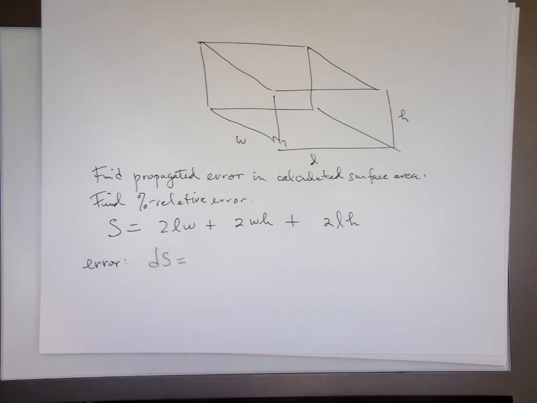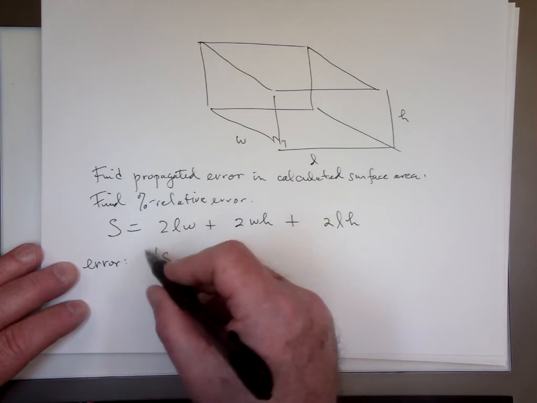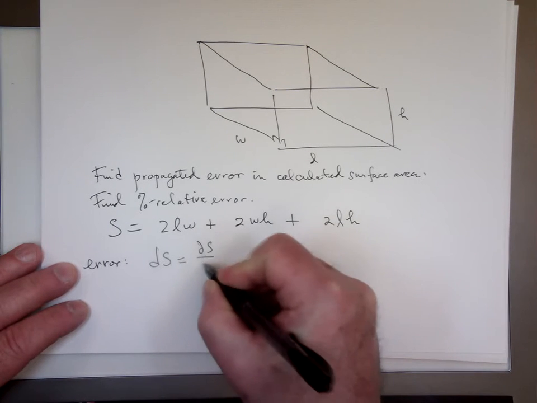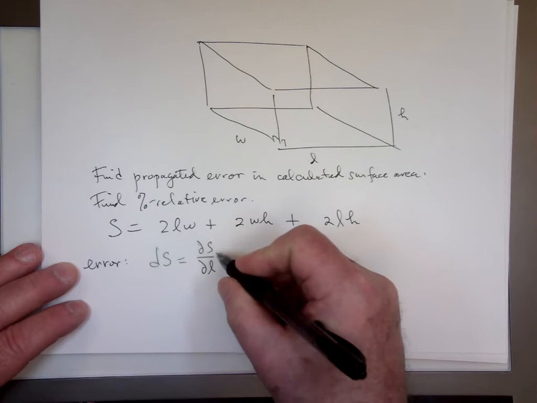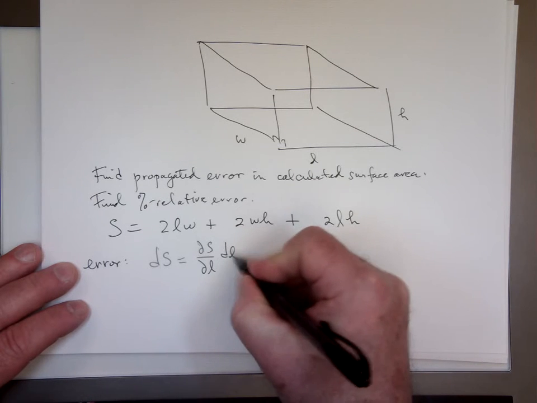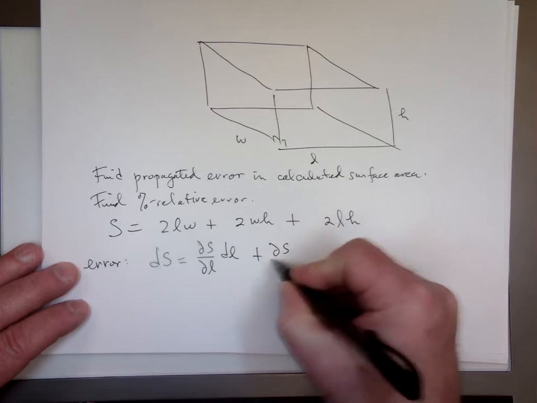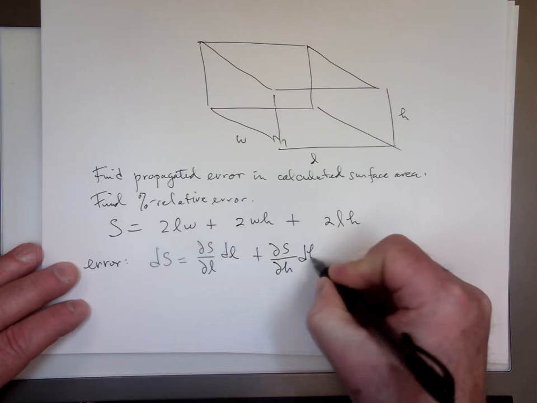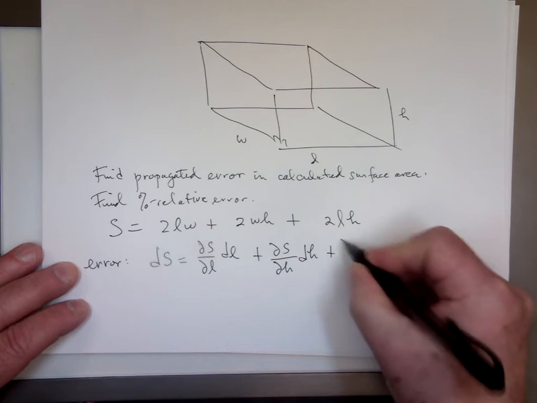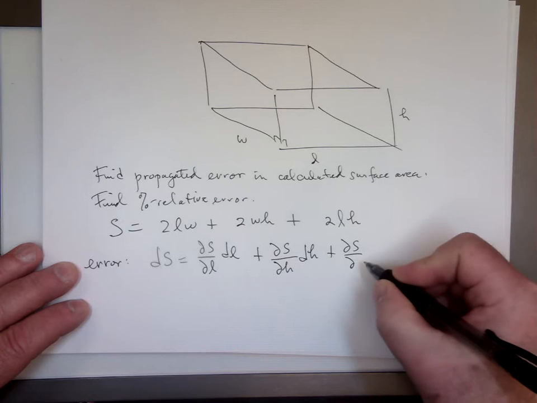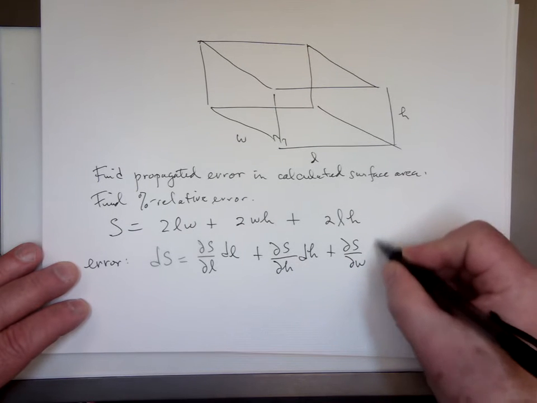It doesn't matter, okay? We just take the definition that I gave you and add on another variable. In other words, what we're going to do is find the partial of S with respect to L, okay, times dL, partial of S with respect to H dH. This is the total differential now. Partial of S with respect to W dW.